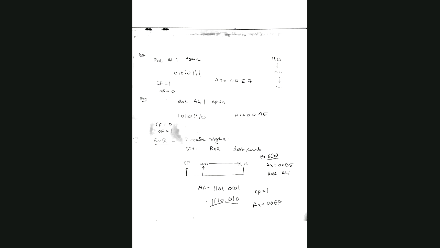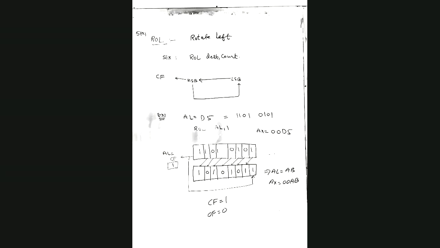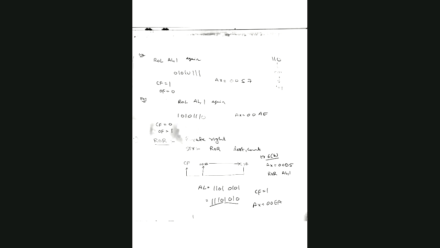Earlier you got the output as AB. So for AB again you do one more time left shift. It will give you 57. When it gives you 57, then carry flag will be 1 and overflow flag will be 0.